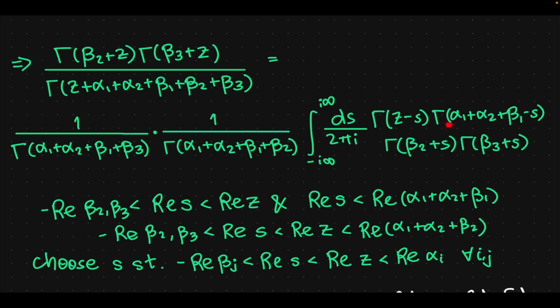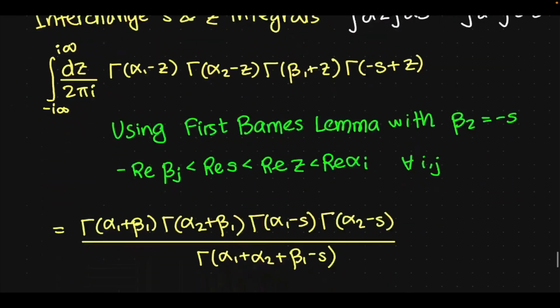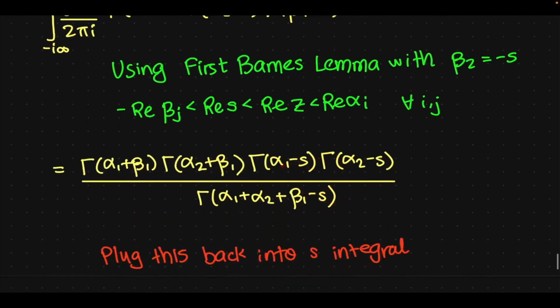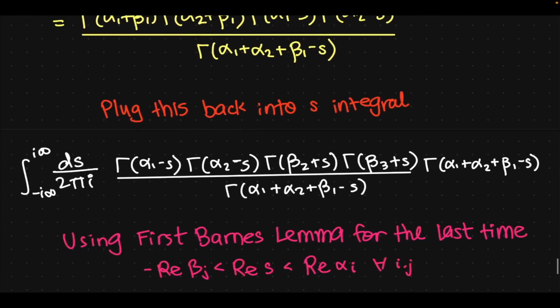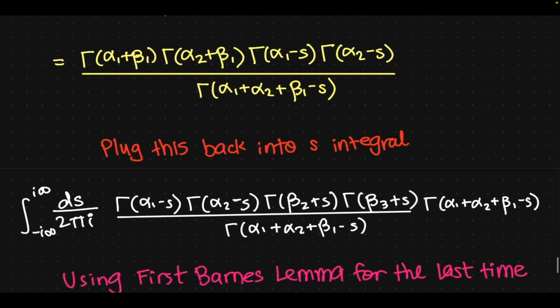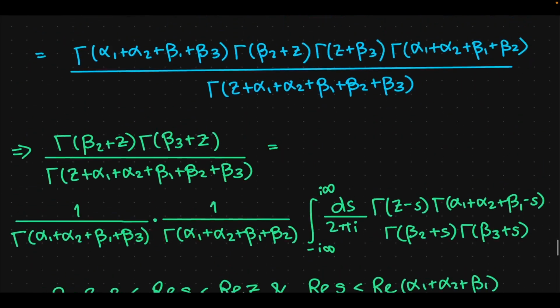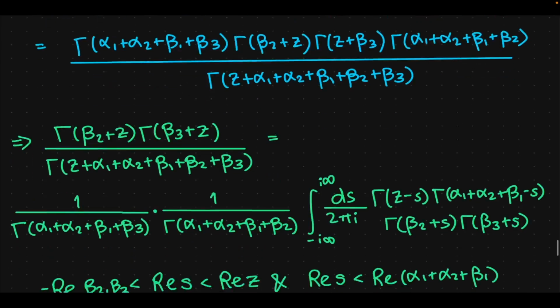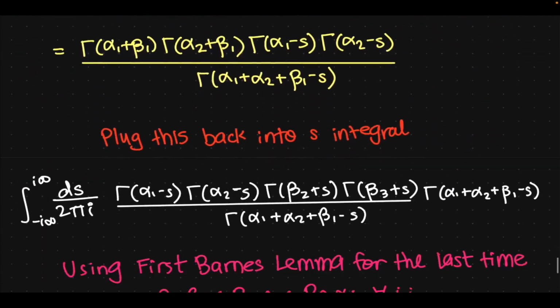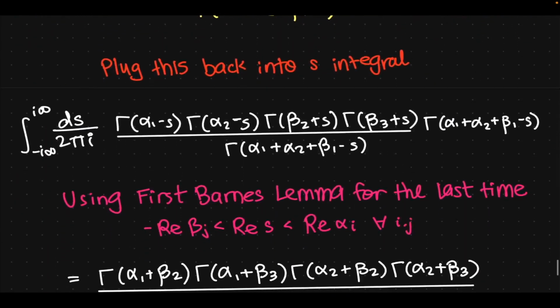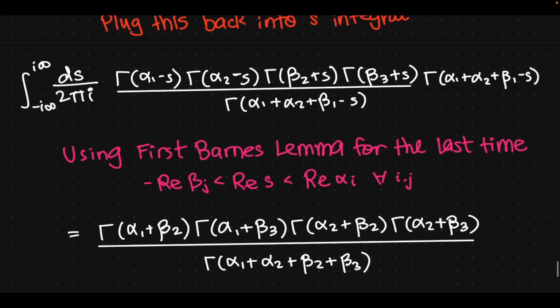So that's this term, gamma of alpha 1 plus alpha 2 plus beta 1 minus S, and gamma of beta 2 plus S and gamma of beta 3 plus S, in addition with the integral that we just have by doing the Z integral. So if we club all those terms, and I'm dropping all the prefactors from now on. So I've dropped 2 prefactors here, and I will be dropping another one in the future. We can group them towards the end.